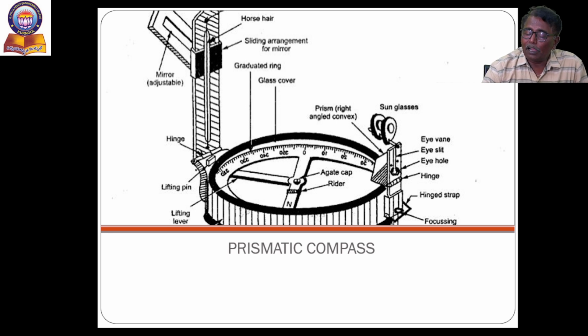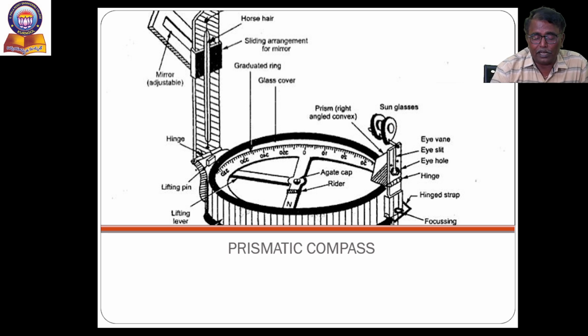And next, it is provided with sunglasses, so that in case of bright sunny days, or whenever you are looking through the prism, through the eye slit, at luminous objects, these glasses will be used, either sun or luminous glasses. For those locations, you have to look through the sunglasses.